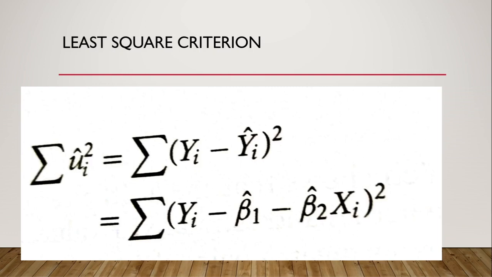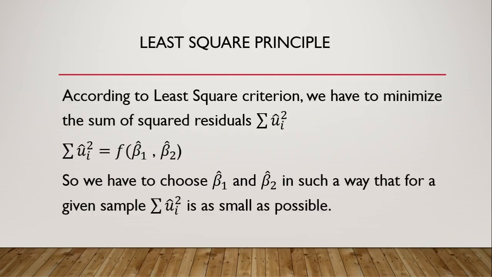So we have to minimize this. According to the least square principle or criterion, we have to minimize the sum of squared residuals, sigma ui hat square. And of course, we know that sigma ui hat square is a function of beta 1 hat and beta 2 hat.